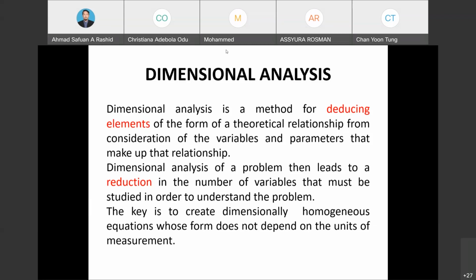For example, for stress we have kilonewton per meter square. In order for us to make a dimensionless equation, we may divide by, for example, the soil property of strength.